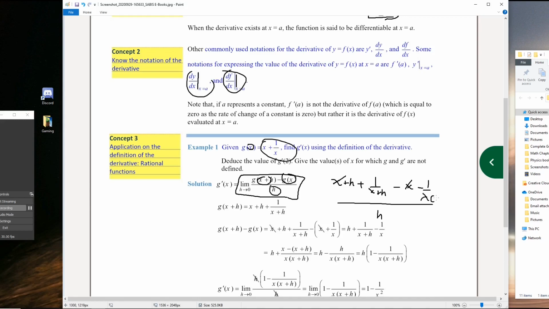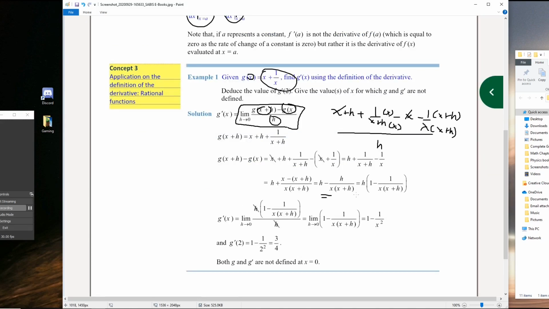I would want to multiply by a common denominator that makes these two common. That would make this x and this x plus h, but for that to work I must do the same so that it cancels out by 1, so that I didn't change the given.